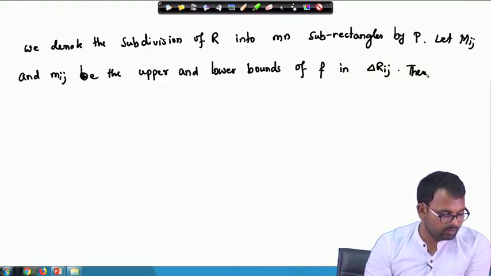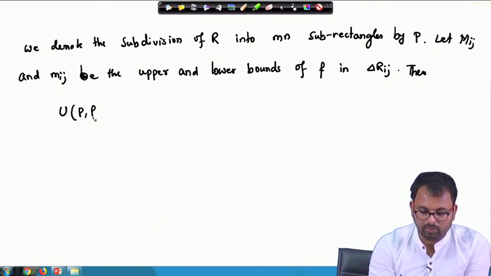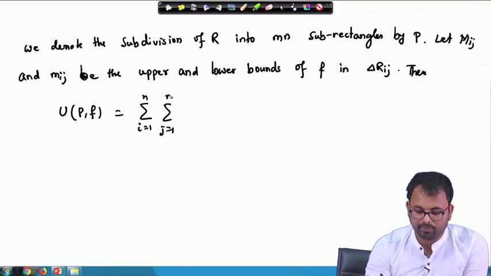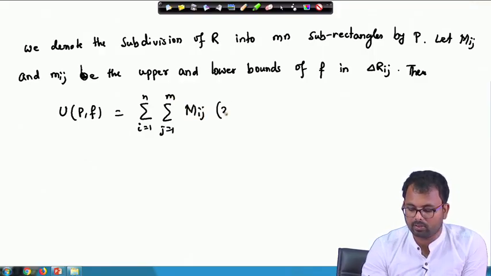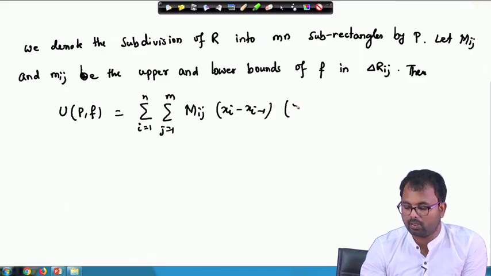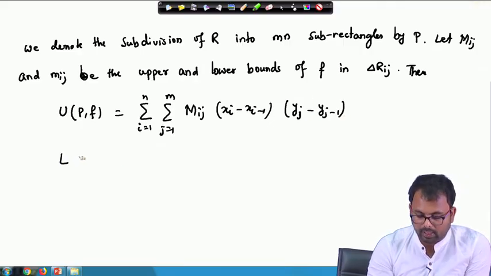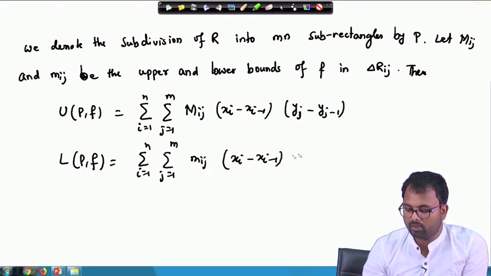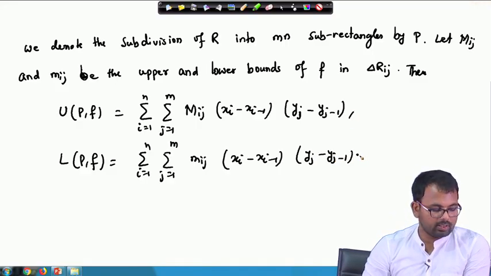Then we write the upper integral sum U(P,f) equals the sum over i running from 1 to n, sum over j running from 1 to m, of capital M_ij times (x_i minus x_{i-1}) times (y_j minus y_{j-1}), and we define L(P,f), the lower integral sum, as the sum over i running from 1 to n, j running from 1 to m, of small m_ij times (x_i minus x_{i-1}) times (y_j minus y_{j-1}). Now, let us put a comma here.